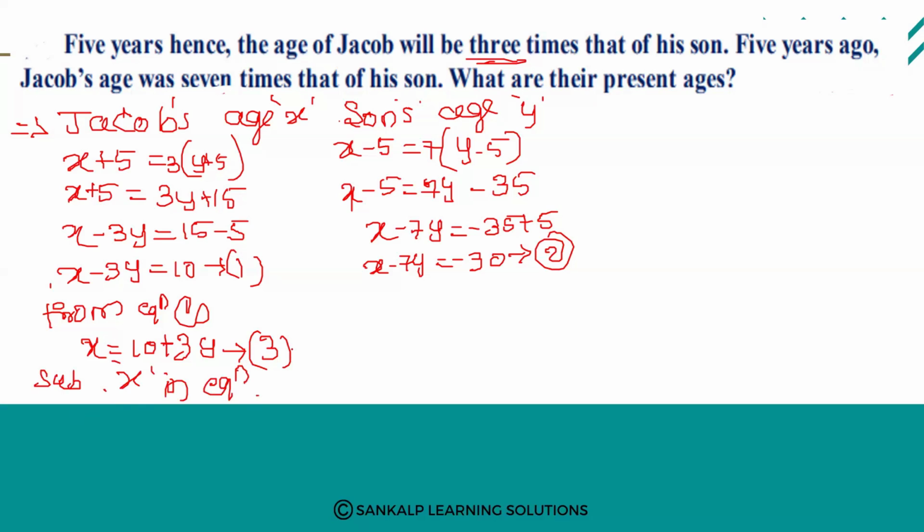So equation number 2 is x minus 7y is equal to minus 30. The x value is 10 plus 3y. So 10 plus 3y minus 7y is equal to minus 30.